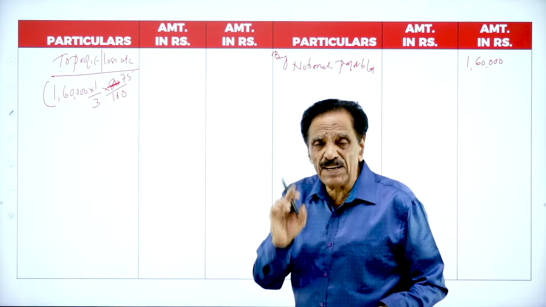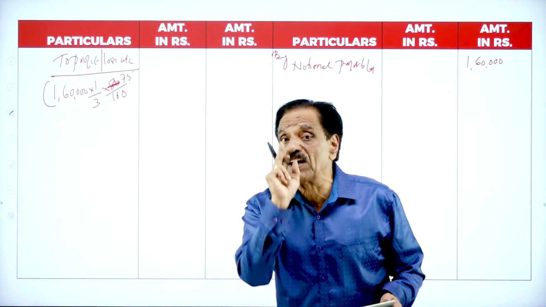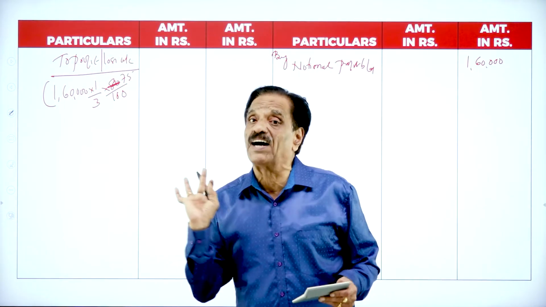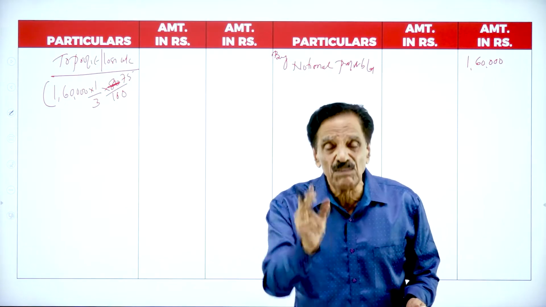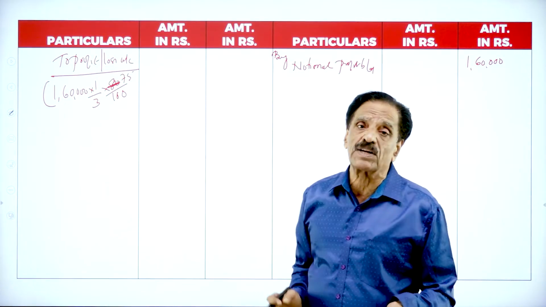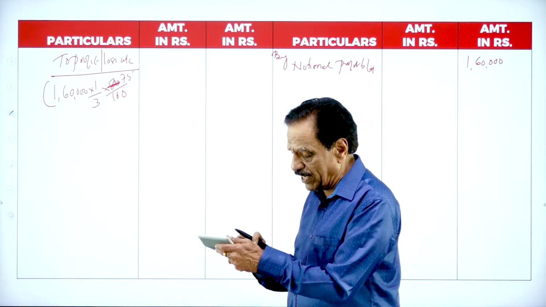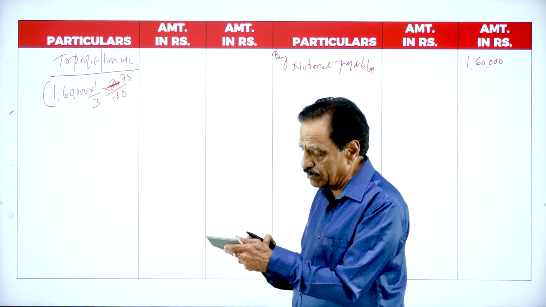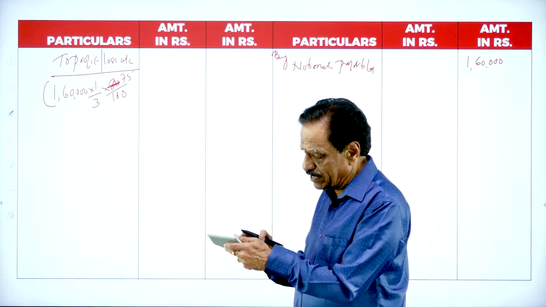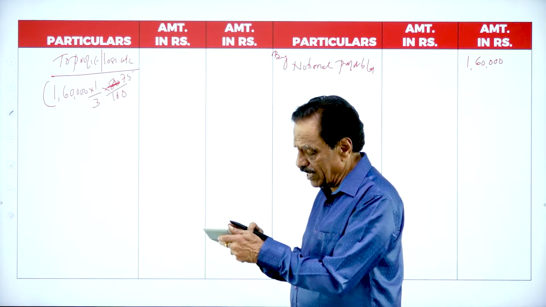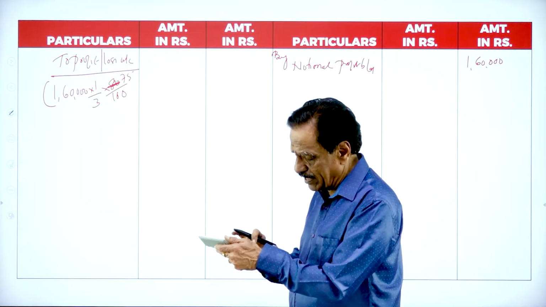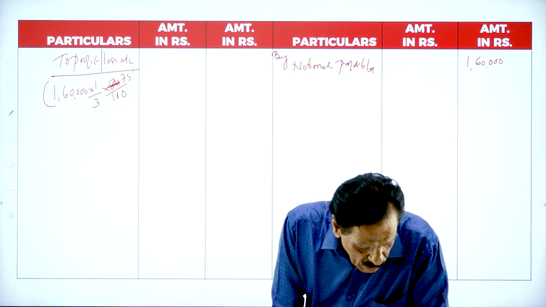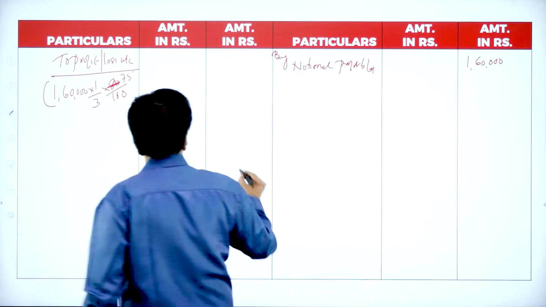So once again, cash received is 75% of work certified. What's your work certified? 1,60,000 into 1 divided by 3 into 75 divided by 100. It will come almost 39,990. 40,000 will come.